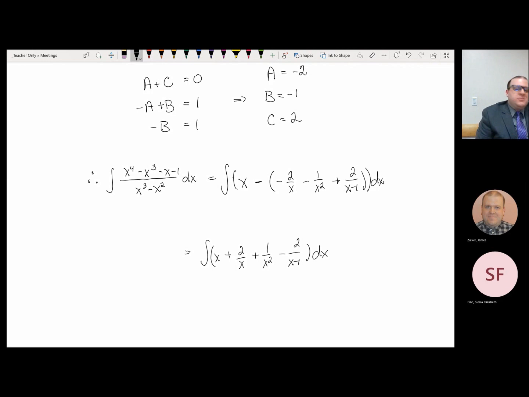Distribute the minus through. Now we can finally do calculus.